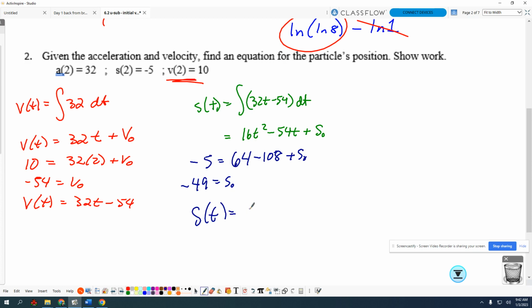So the position function is 16t squared minus 54t minus 49, if I did my arithmetic right. Did I? Thanks. 39. Negative, added over, became positive. 39. Negative 44 minus 5. Okay, go me.